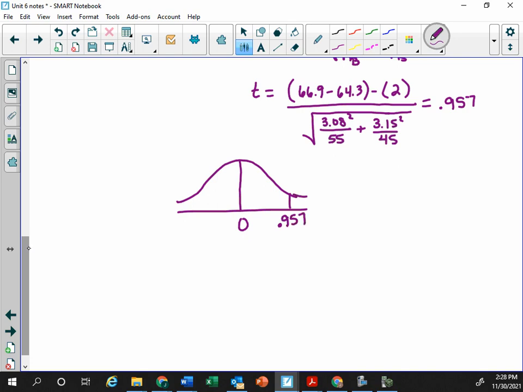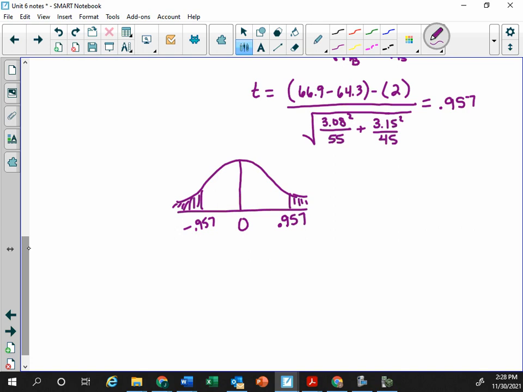But what did we say about this test? Two-tailed. So what else do I need to do? I need the other tail, right? Yeah, so I need the negative 0.957. And then you need to figure out how to find the area of the shaded part. You can't do both of them at the same time, but they're going to be congruent. So if you find one tail, you just double that answer, and that's the p-value that we're looking for.